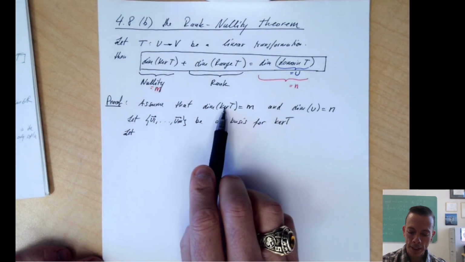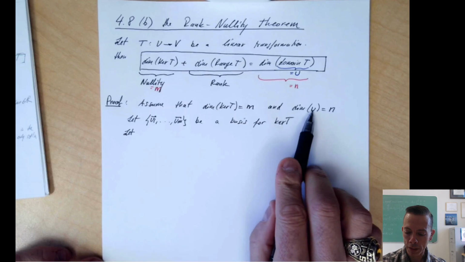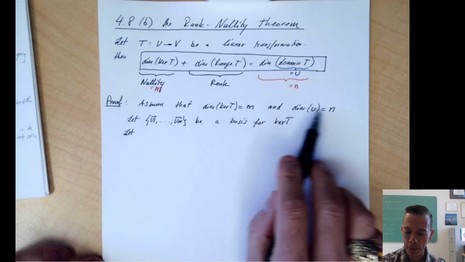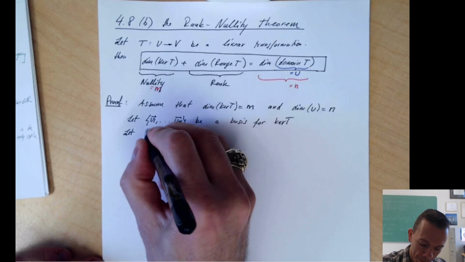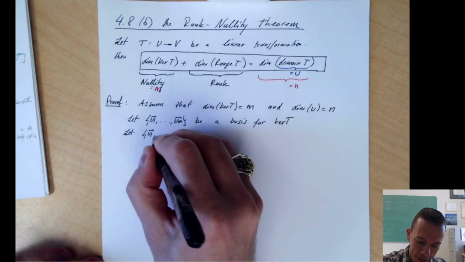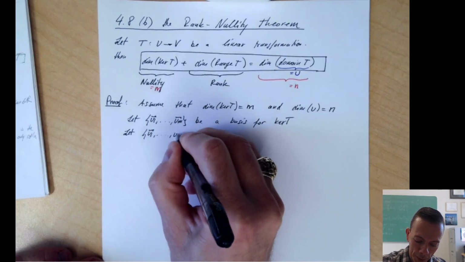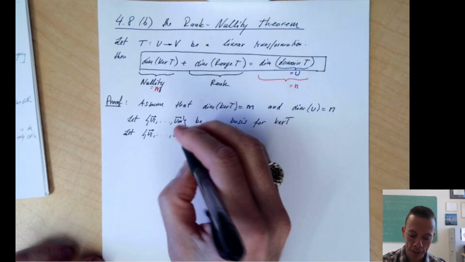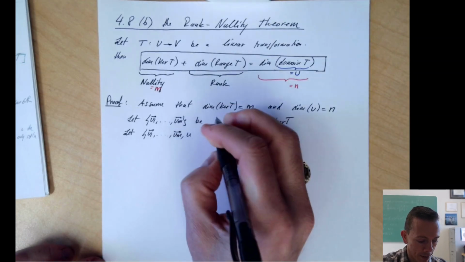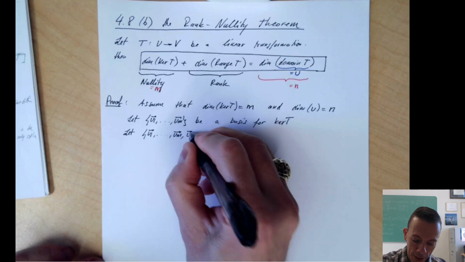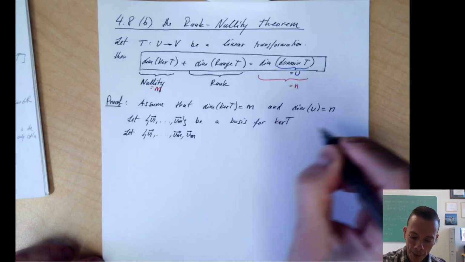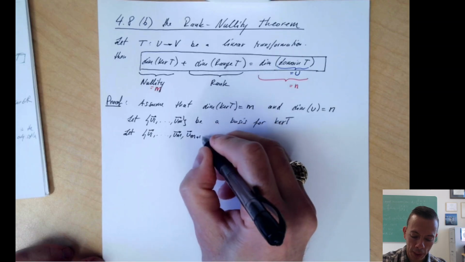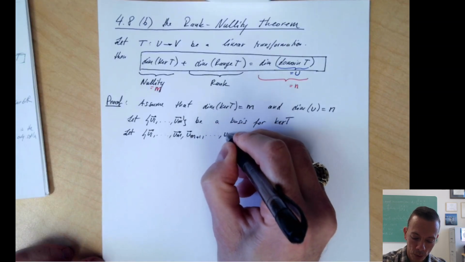The kernel is a subset of U, which means you have to add a few more vectors to get a basis for U. So we're going to start with the same vectors u1 to um because these already span the kernel and they're linearly independent. And we can just add as many more as we need in order to span the entire domain. So we're going to continue after m to m plus 1 all the way to un.